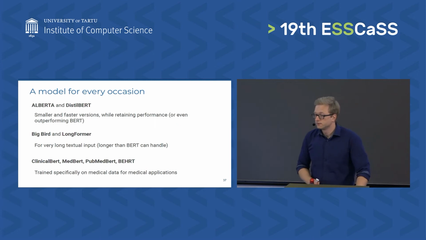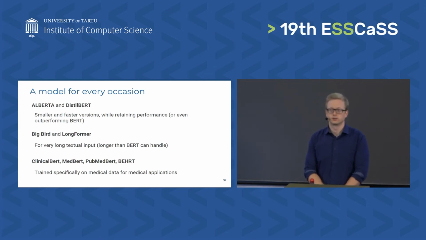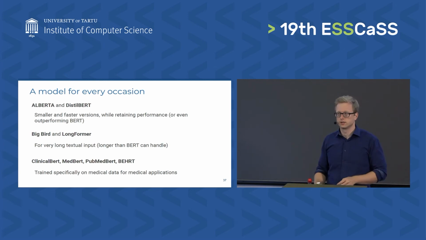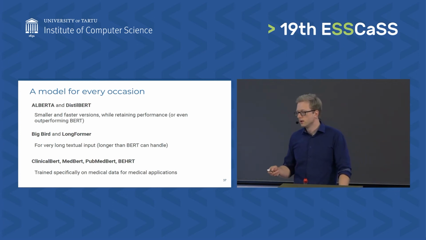There's different models for different occasions as well. There's ALBERT and DistilBERT if we want smaller versions of BERT, because BERT is quite large. Modern phones probably can handle it on the phone as well, but if we want it to be really fast and in an environment where we can't use a whole lot of parameters, then ALBERT and DistilBERT are the options.